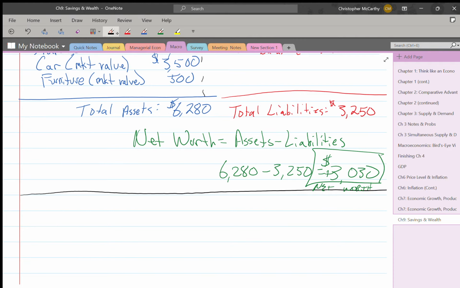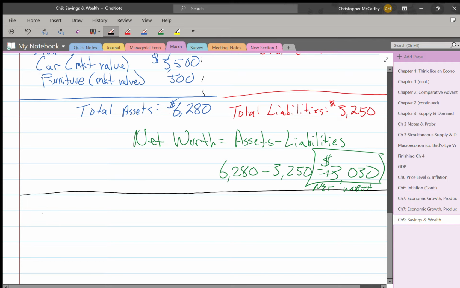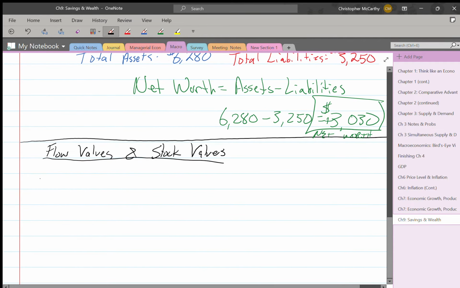All right, so let's talk about some of the stuff I've been talking about. Let's define it. Flow values and stock values. A flow is defined per unit of time, right?